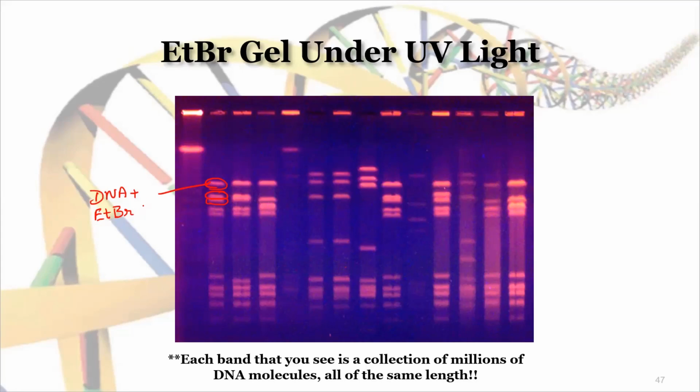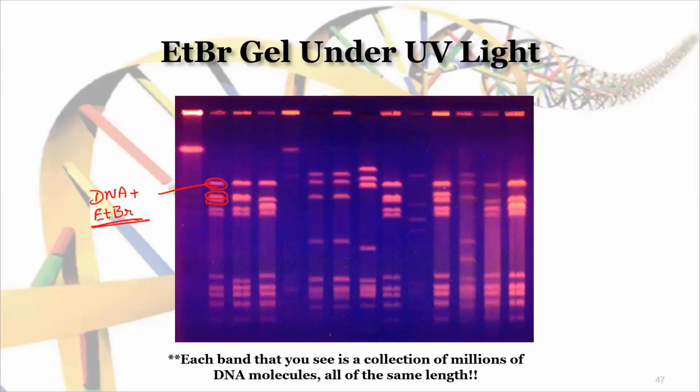Similarly here, you are not putting a dye exactly, but this ethidium bromide will intercalate with the DNA, and under UV light it will give you the fluorescence and make it possible to visualize the DNA fragment, right? So this is a kind of indirect staining method. This is not under a microscope, do not misunderstand.